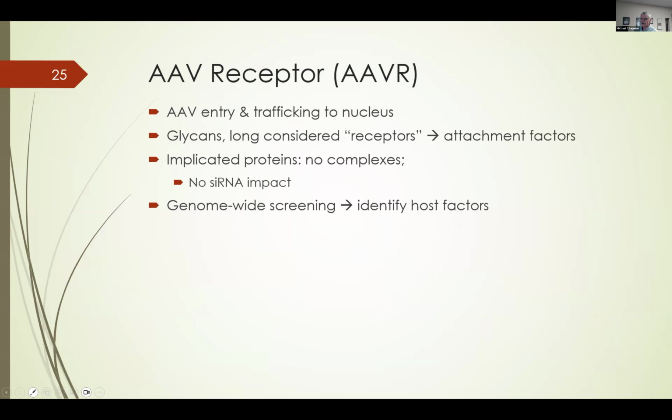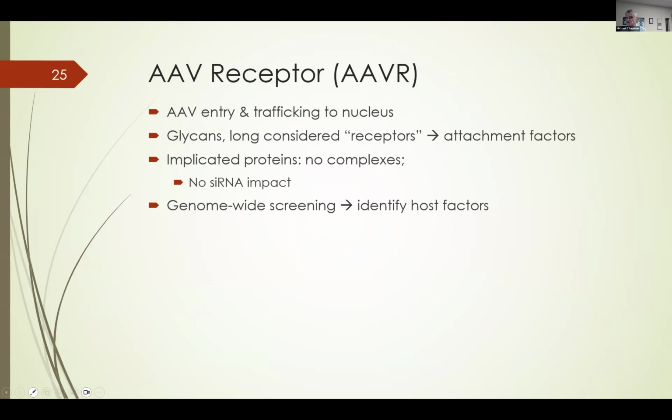The final example that I want to present today is illustrating our work on the AAV receptor. We have long been interested in how AAV enters cells and traffics to the nucleus. And we've had a lot of false starts.